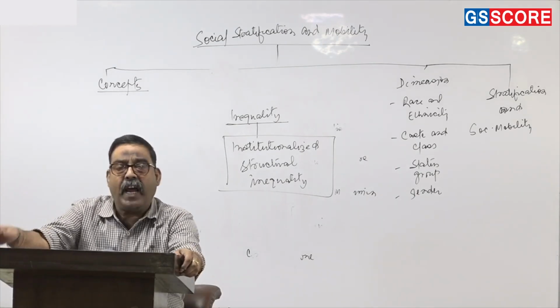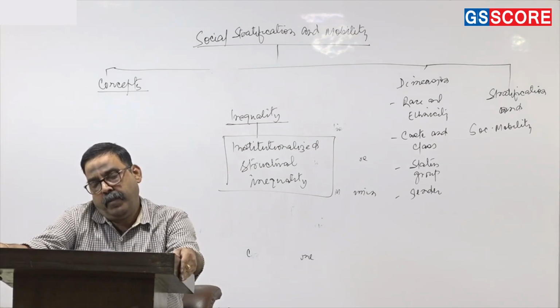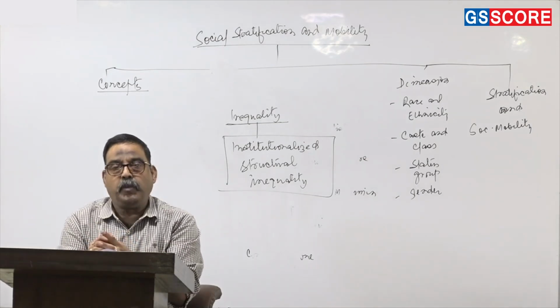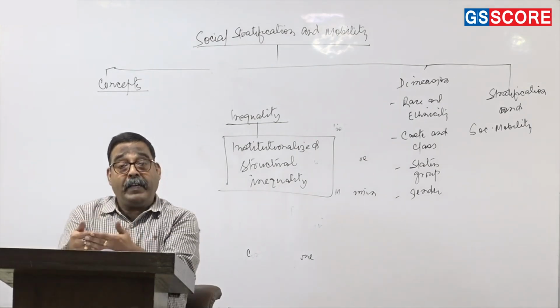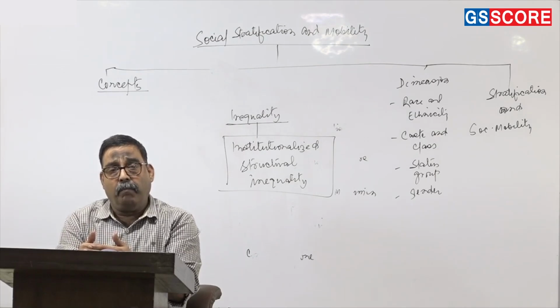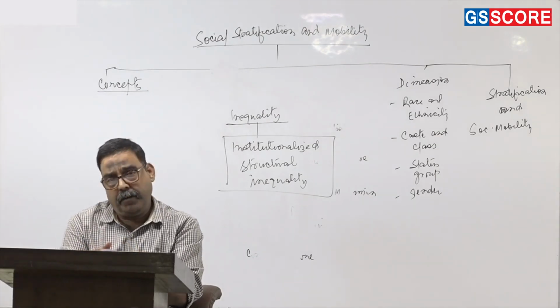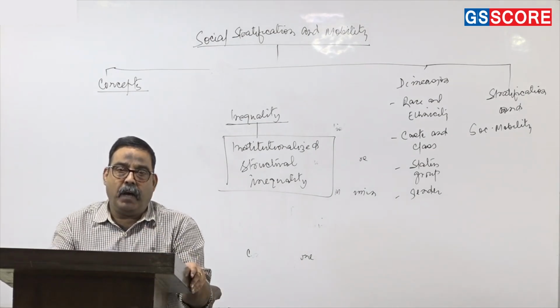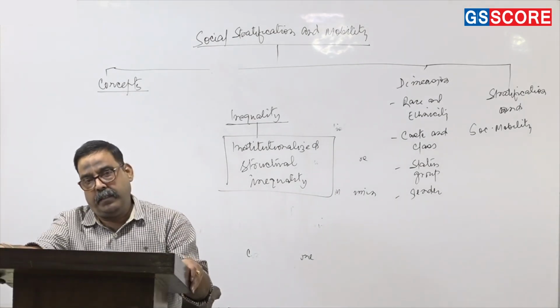But even in such societies, the very idea of the desired man or woman has always been there. Someone could be a better hunter, someone could be a better gatherer. So the idea of the desired man and woman also persisted in such societies.